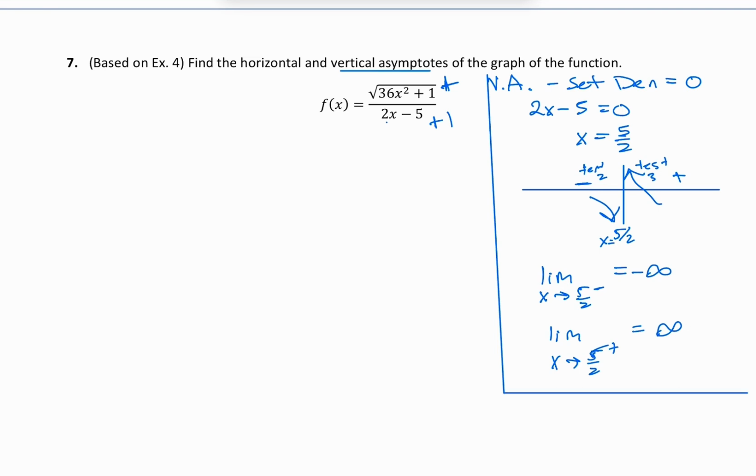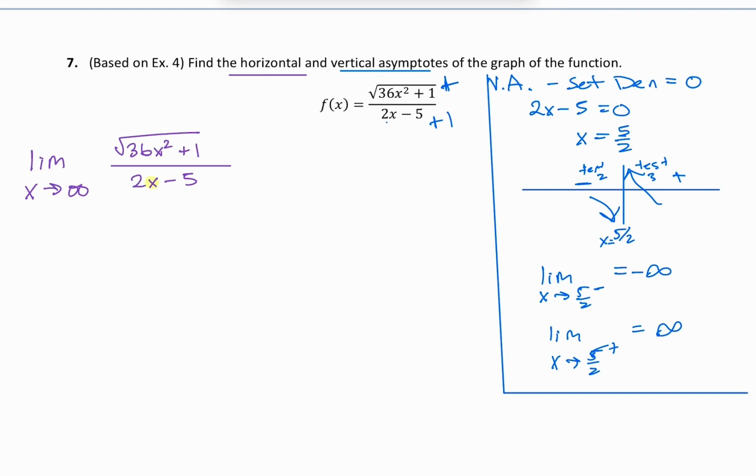Now for the more challenging one, let's find out about the horizontal asymptotes. This one, we need to do some tricks. So we need to do the limit as x goes to infinity. Just rewriting the problem right now. Now remember, the rule is to divide every term of both the numerator and denominator by the highest power in the denominator.